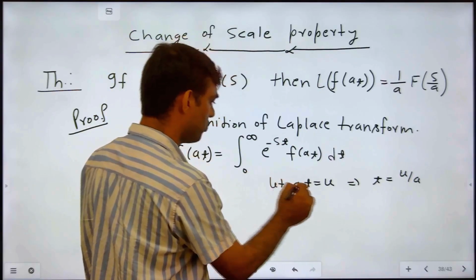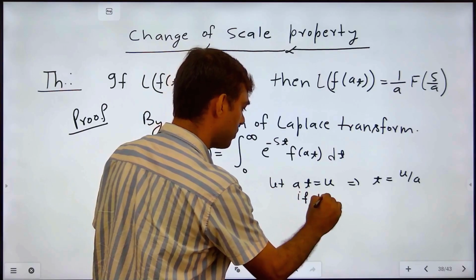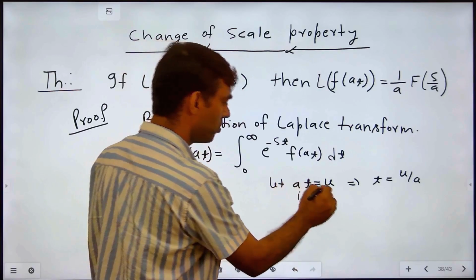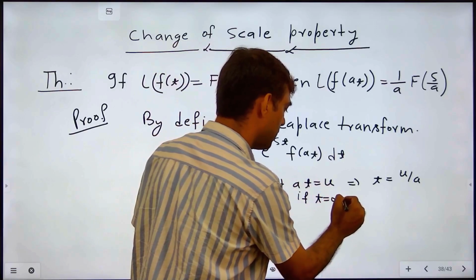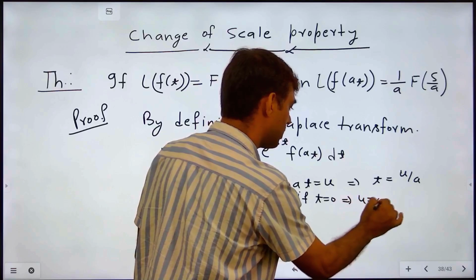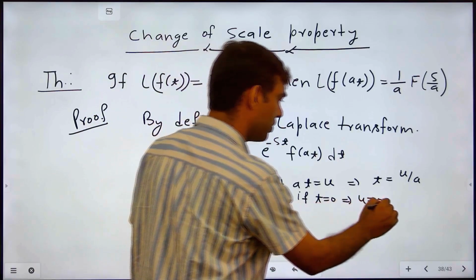If we put t equal to 0, then a times 0 is 0, so u equals 0.